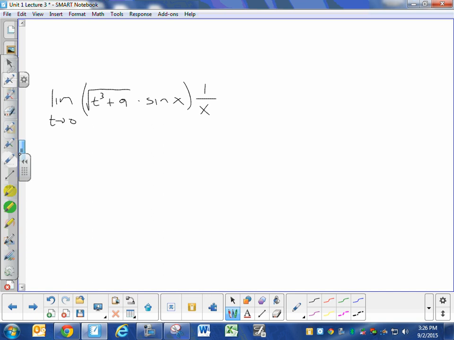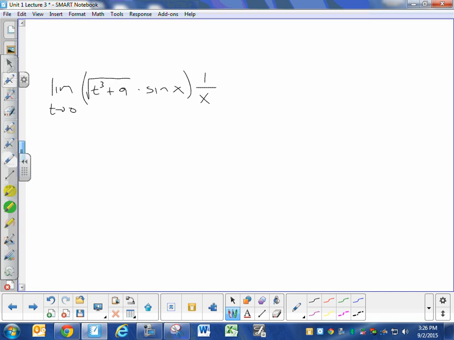Let's do another one. Limit as t approaches 0 of root t cubed plus 9 times the sine of t times 1 over t.